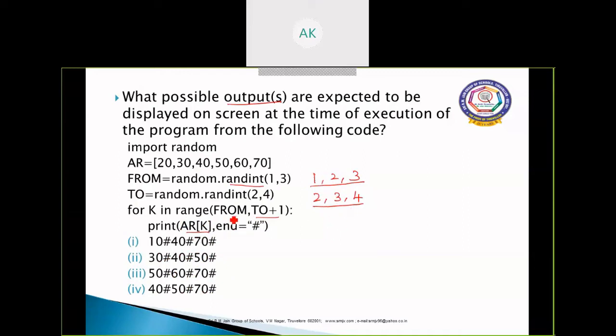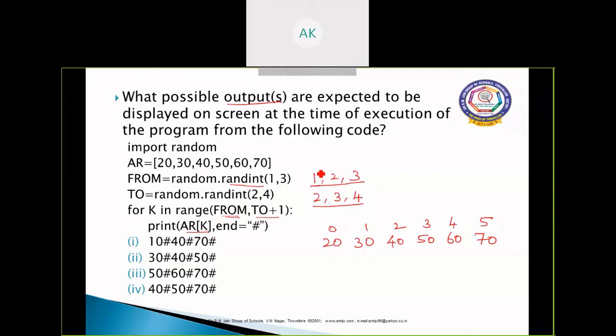So what is array of k? Based on your From value, array of k, that is your range starts from From to To, right? Let us assume this is your array: 40, 50, 60 and 70. So let us index the numbers 0, 1, 2, 3, 4 and 5, right?